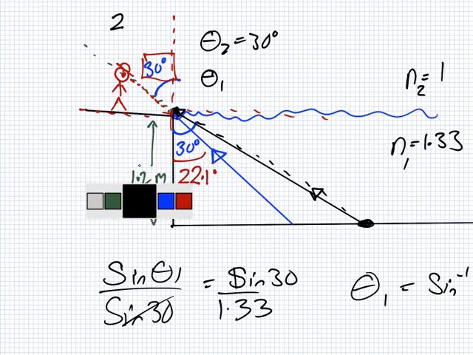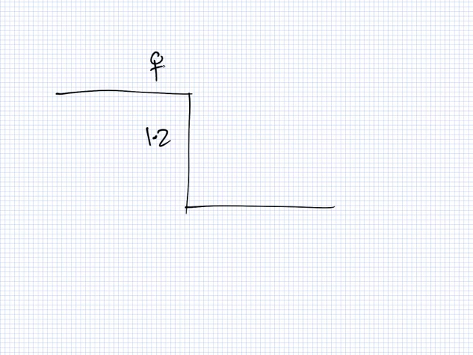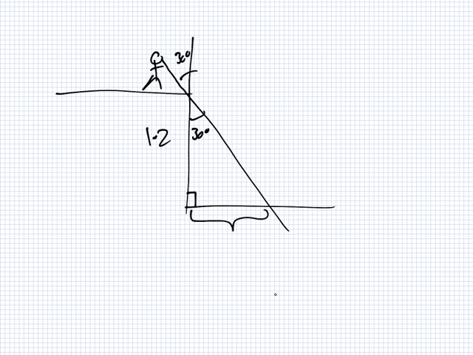Okay, so when the pool was empty, this is 1.2, and that angle here is 30 and this one here is 30, and this distance here can help him judge the depth.